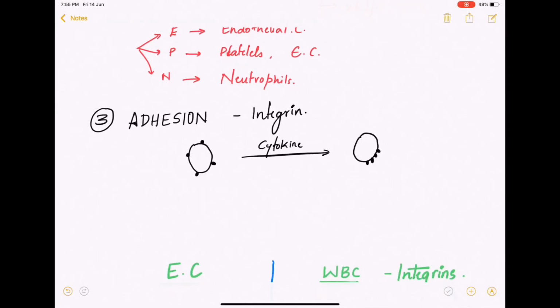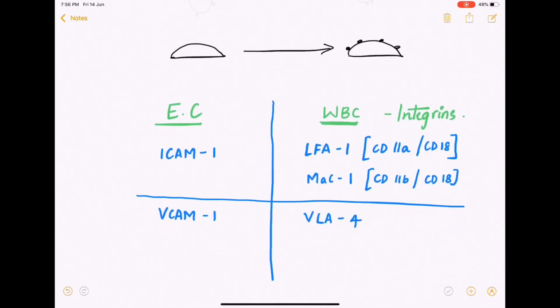Similarly, on the endothelial cells, we normally do not have the complementary molecules expressed. They are expressed only on the effect of cytokines, such as ICAM and VCAM. So now let's look at the interaction between the molecules on the endothelial cell and the WBCs. We have ICAM-1, an example of a complementary protein to integrins present on the endothelial cell.